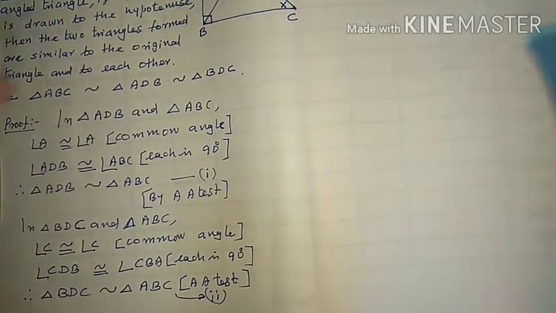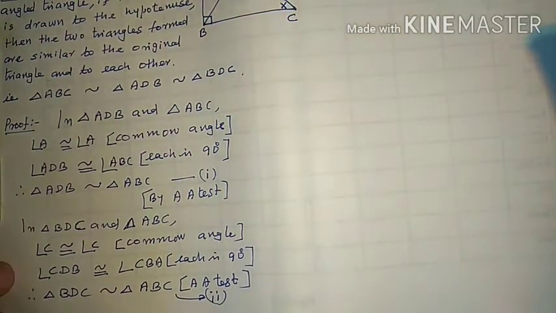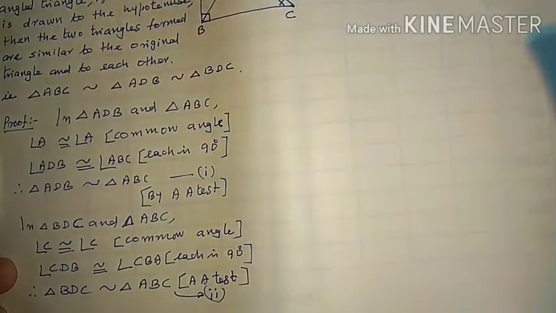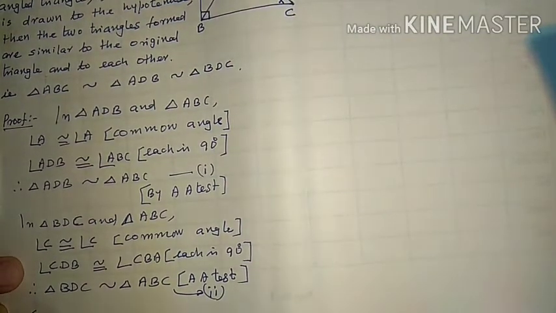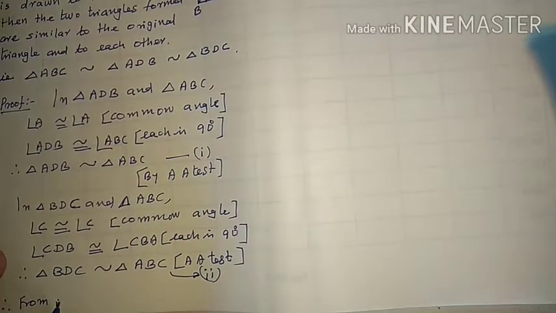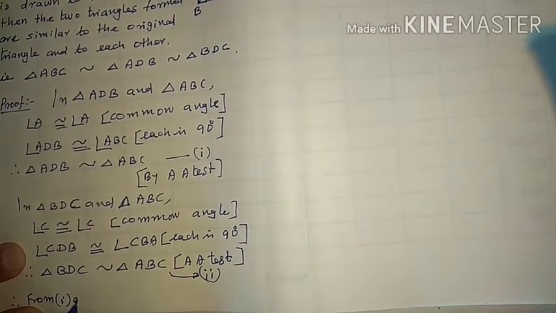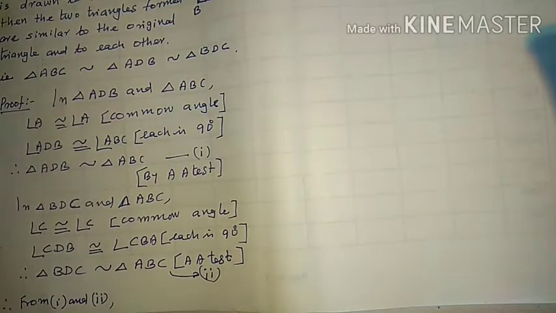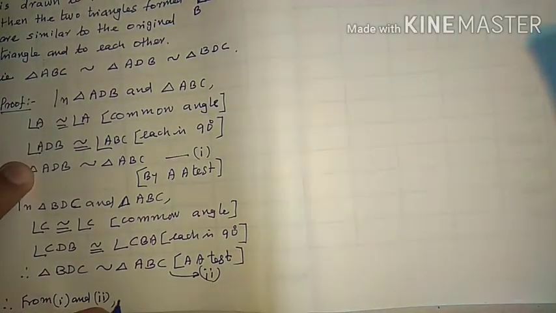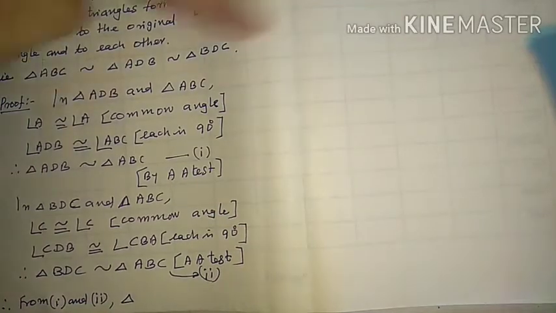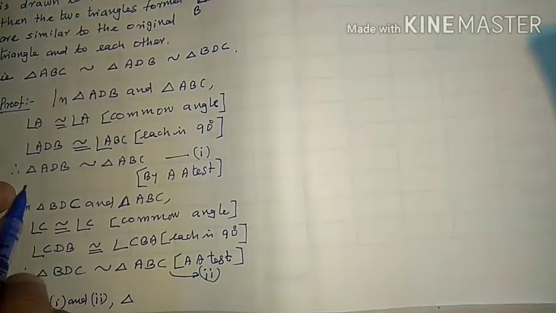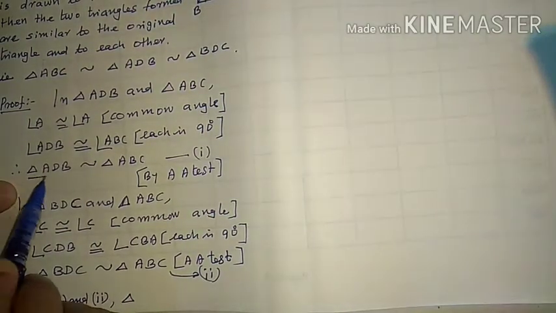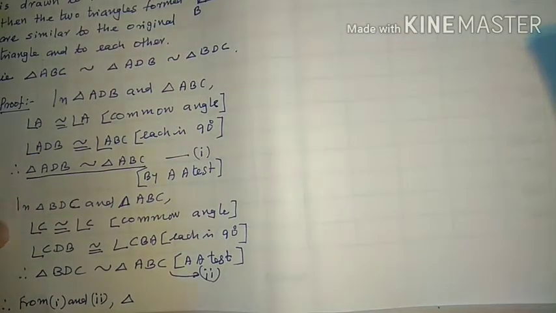Now we combine both. The theorem is over. Therefore, from 1 and 2, we combine this. First, we take the bigger triangle. Here, triangle ADB is similar to triangle ABC.